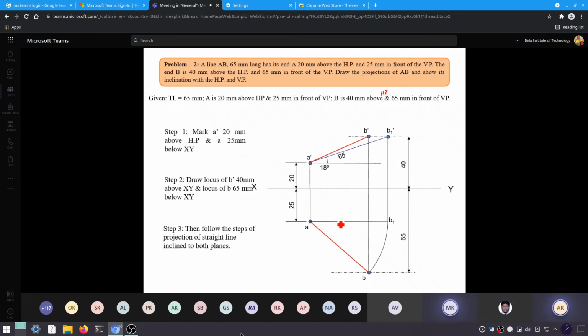Beta you can get from this projection line AB, and theta you can calculate by using A dash B1 dash. Once we get the true length projection in the top view, then we can measure the value of phi.